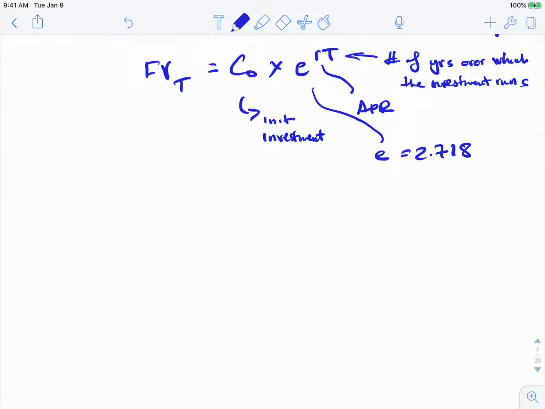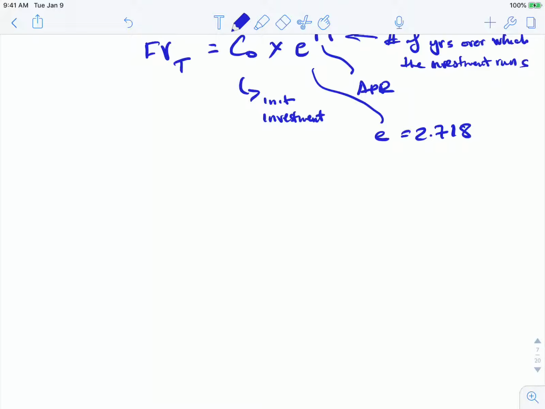So, let's try. If you invest $1,000 today at continuously compounded rate of 10% per year, what's your wealth in the future?